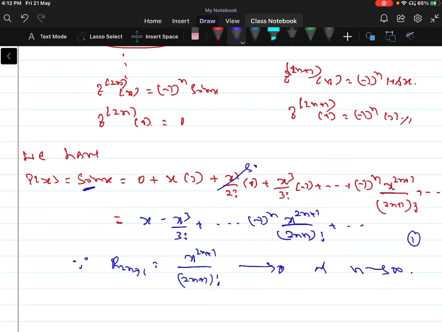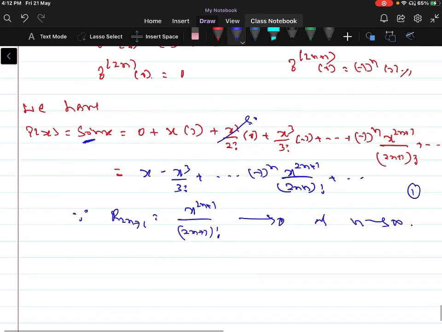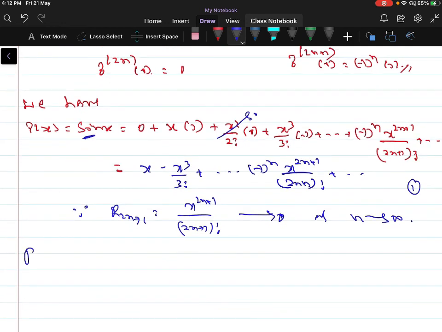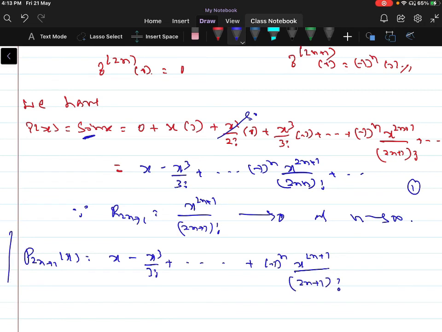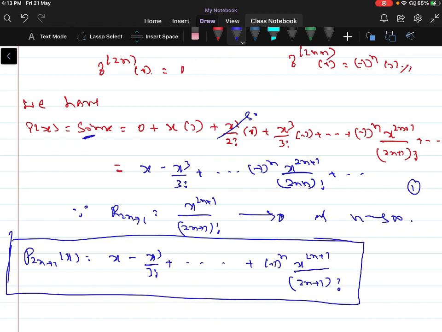Therefore the series converges everywhere. So now the polynomial p2n plus 1 of x is equal to x minus x cube by 3 factorial and so on, minus 1 to the power of n x power 2n plus 1 by 2n plus 1 factorial. It is the Taylor polynomial for the function sin x.